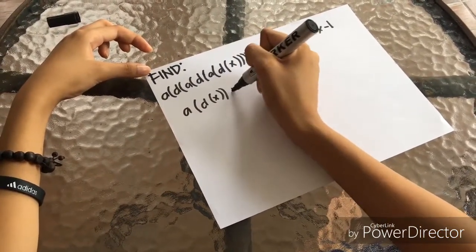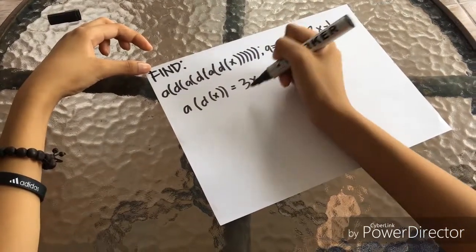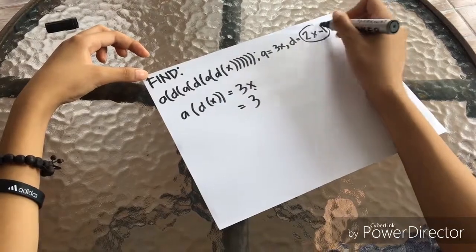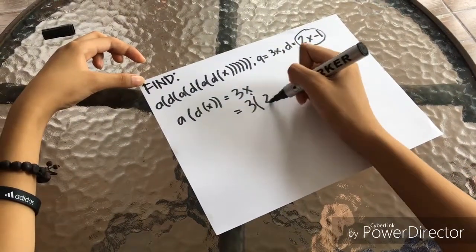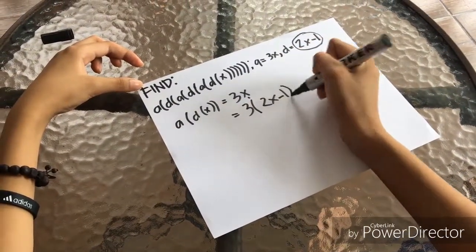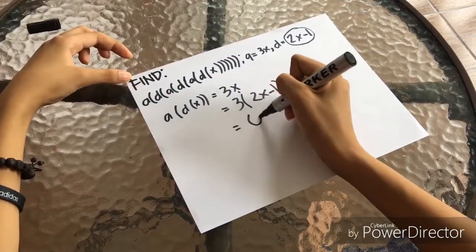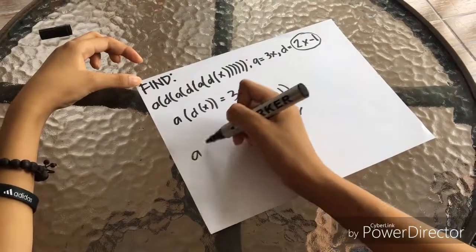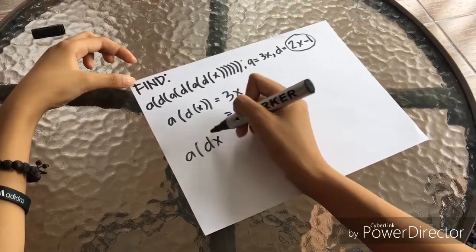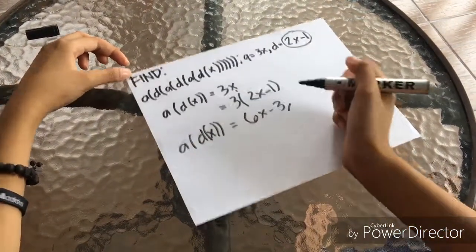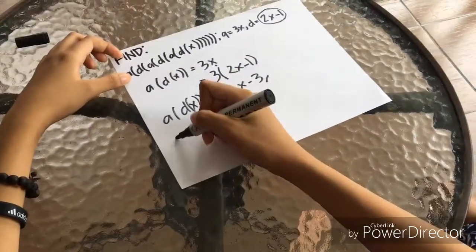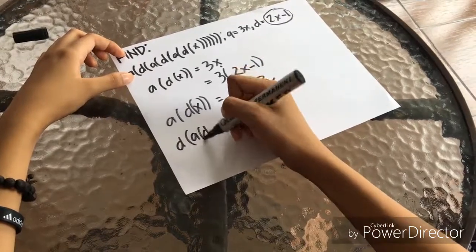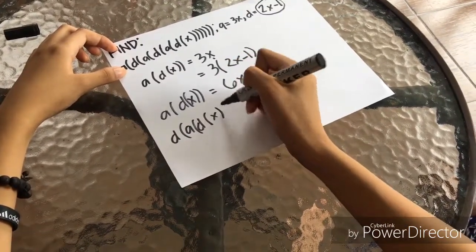We'll first solve A of D of x since it is in the inner part. So 3x, we'll substitute the value of x. So 3 times 2x minus 1. Then distribute. That will be 6x minus 3. Next to find is D of A of D of x.